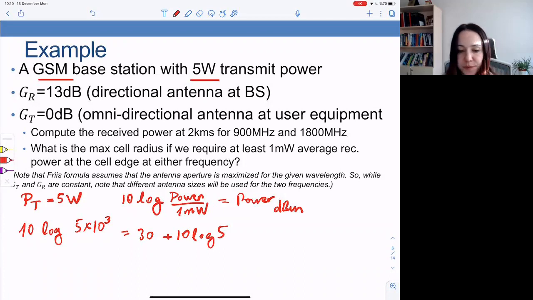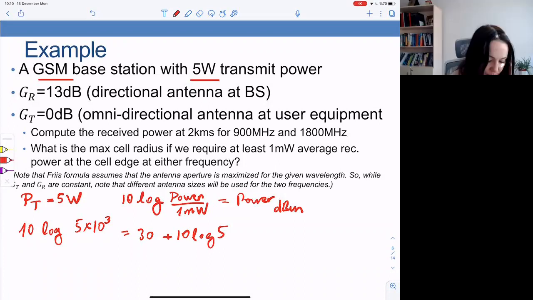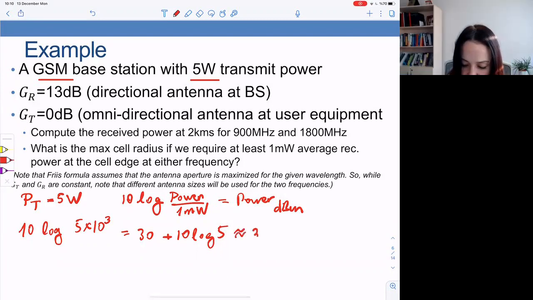What is log 5? 0.69 something. So around 7. Let me just check. Yeah. So this is approximately 37 dBm. So we have 37 dBm radiated power.